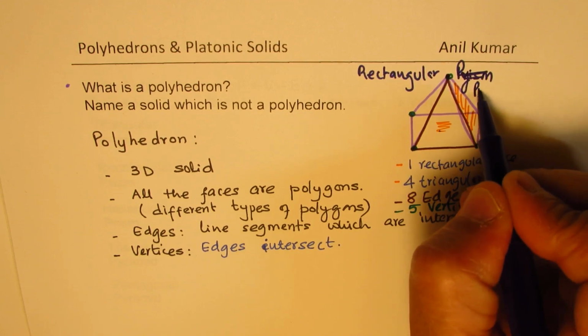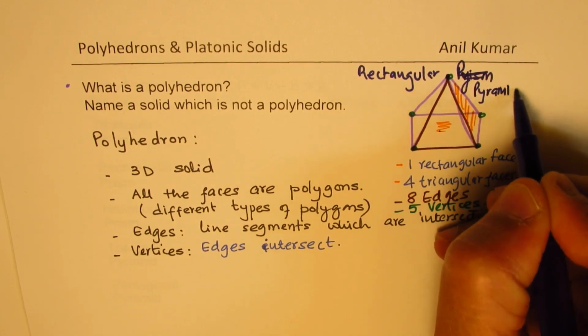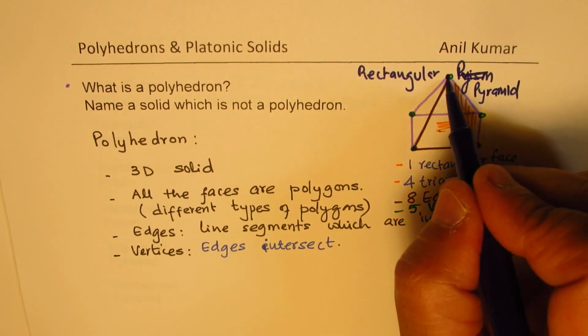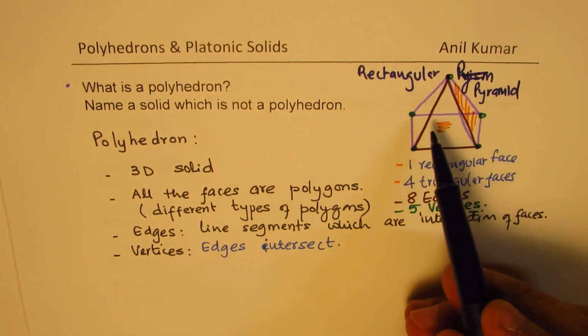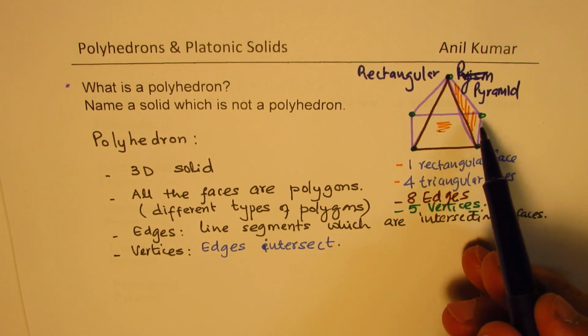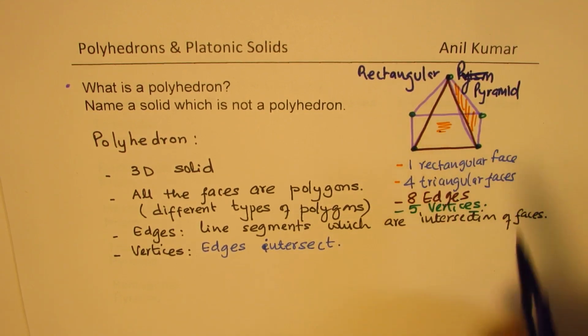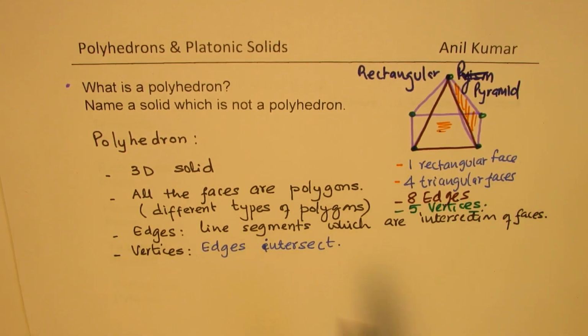So this is a rectangular pyramid where we have one vertex on the top. A prism will be one in which we have the same top as the base, right? Okay. So anyway, this gives you some idea about what a polyhedron is, right?